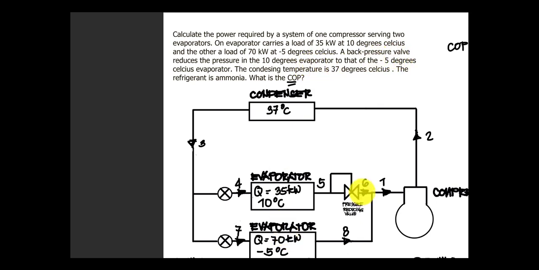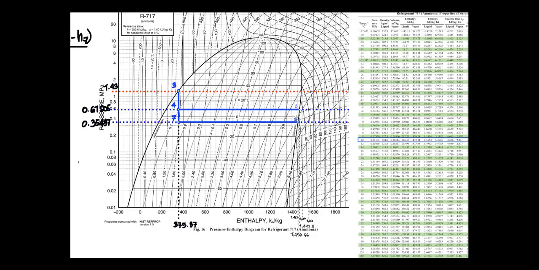So it means that our pressure here at point 6 is equal to the pressure at the evaporator at -5. So the pressure of the evaporator will be equal also to the pressure at this point 6, and this means that it has a constant enthalpy, which is also a vertical line traveling here.